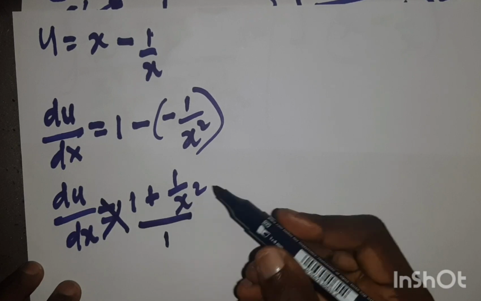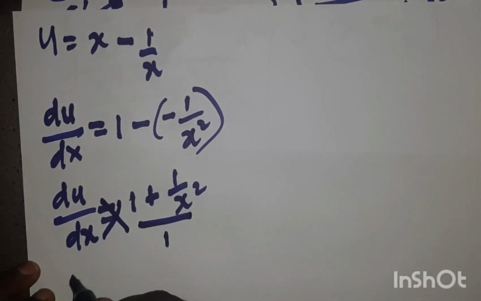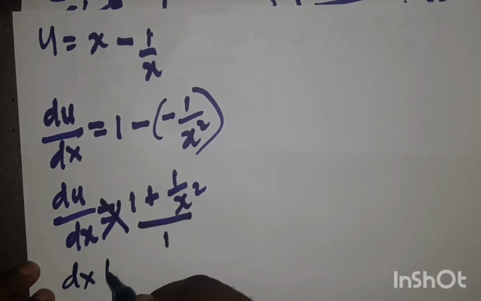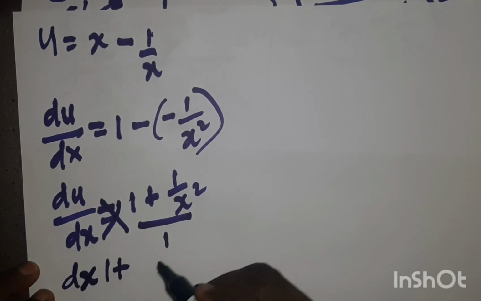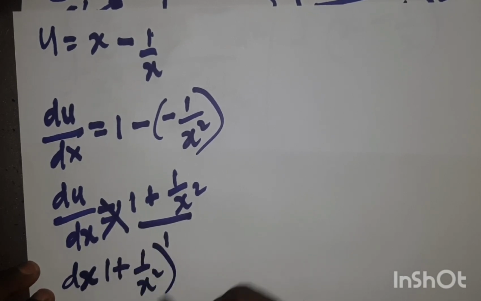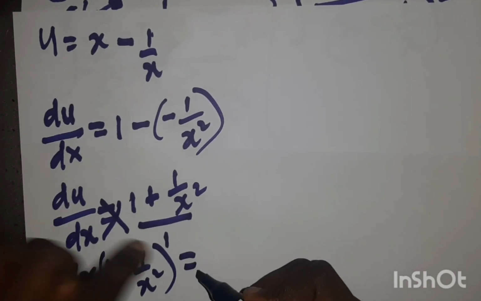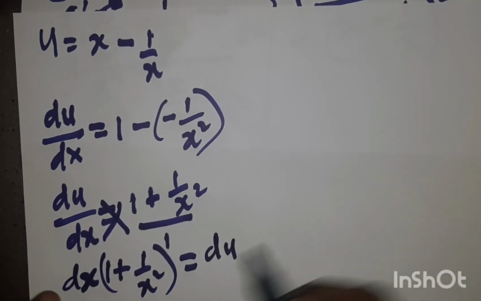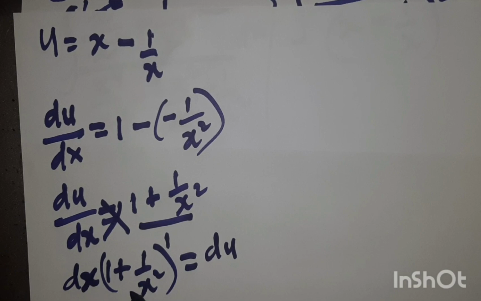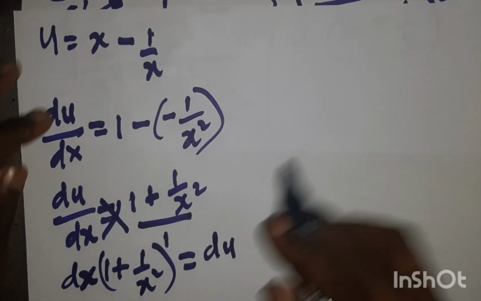So dx times this will give me what? That'll be dx times 1 plus 1 over x squared equals du times 1, which is du. Then if I divide through by 1 plus 1 over x squared, I'll get dx.